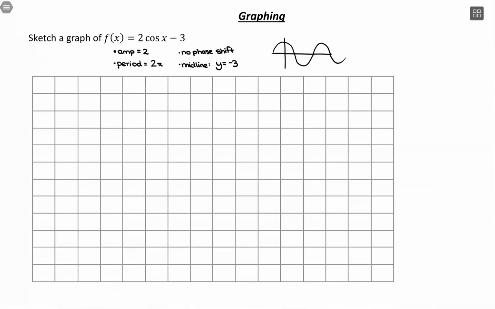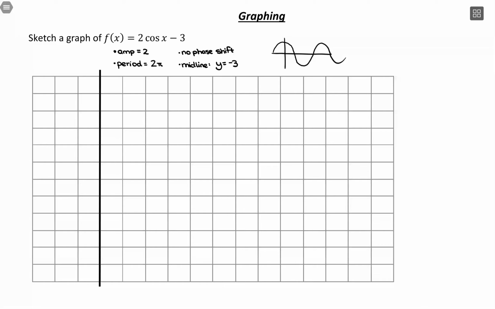So I'm going to draw the y-axis over here, because typically we don't need to see too much of the negative side of x. Mostly everything's happening on the positive side, and that's what's nice about these periodic functions, is that the shape repeats itself. So whatever we see on the positive side is also happening on the negative side. So we don't need to worry about missing out on anything really.